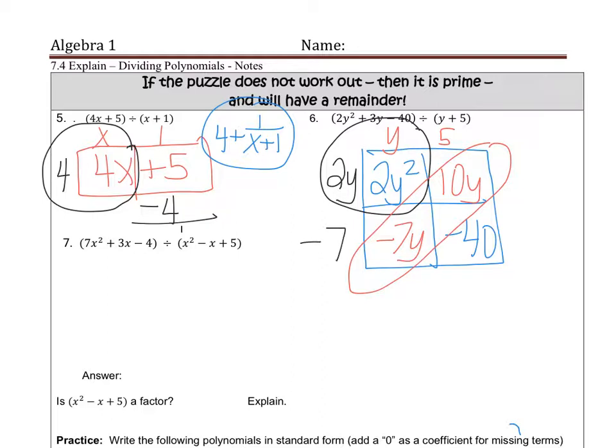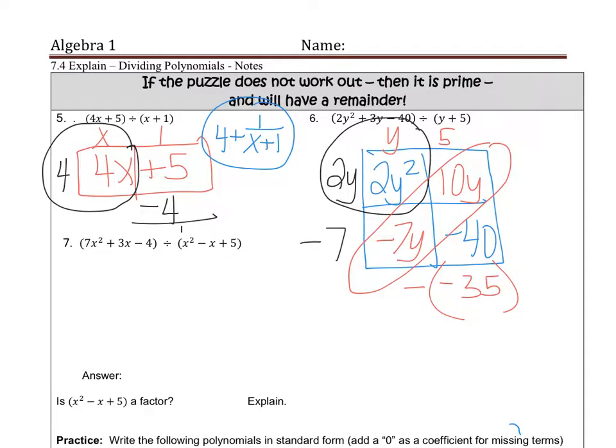But when I check my puzzle, everything works here because this was all division, but when I look at 5 times negative 7, it doesn't give me negative 40, so it doesn't work. So what I do is I multiply. 5 times negative 7 is negative 35, and I'm subtracting that.